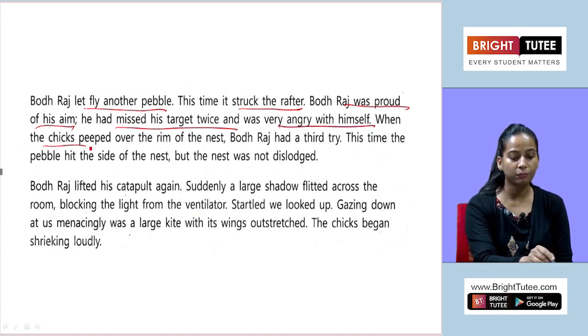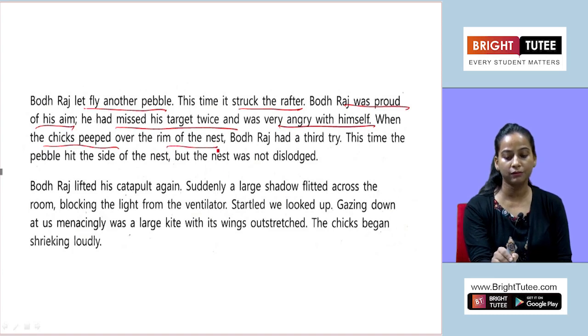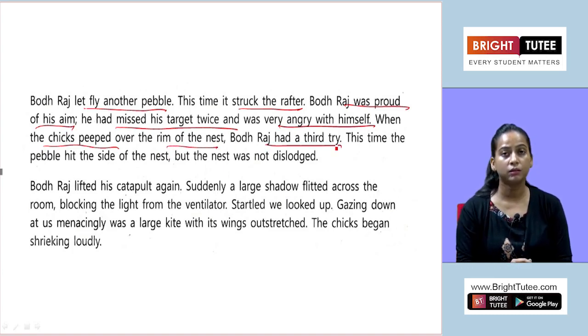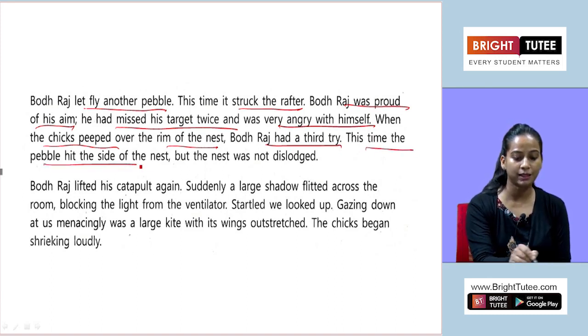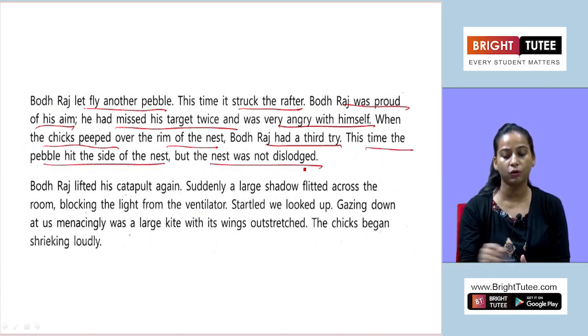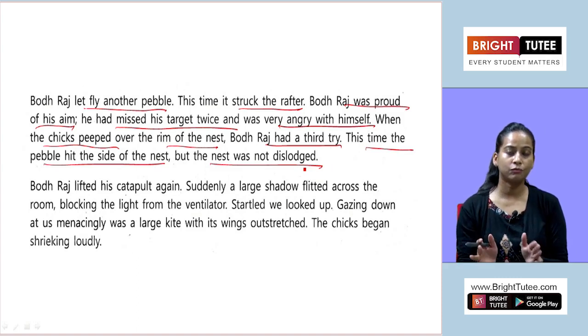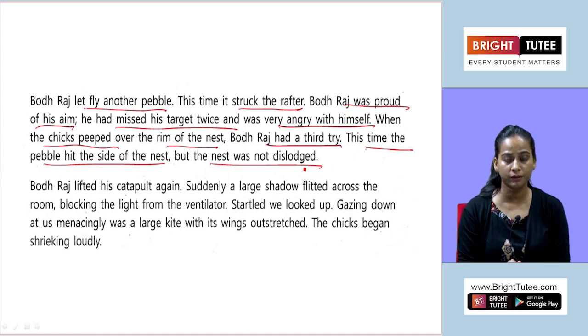When the chicks peeped over the rim of the nest, Bodhraj had a third try, since he was not able to get success in the previous two. This time the pebble hit the side of the nest, but the nest was not dislodged. The nest was there in its place, not displaced from there.